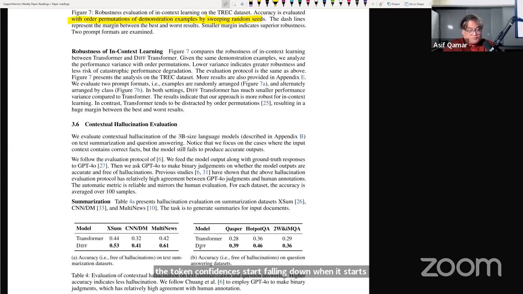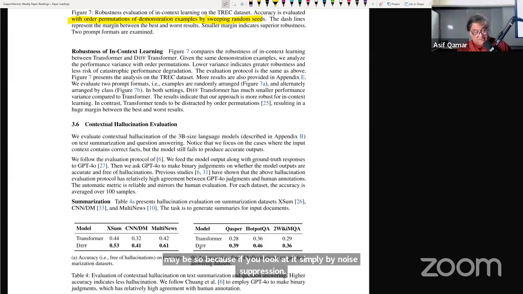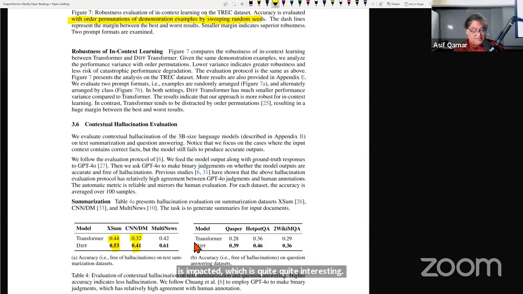So one may plausibly argue that it's because it's beginning to pay attention to not really relevant pieces of the tokens in the context. It may be so, because if you look at it, simply by noise suppression, hallucination is impacted, which is quite interesting. This approach contributes to differences in hallucination, right?